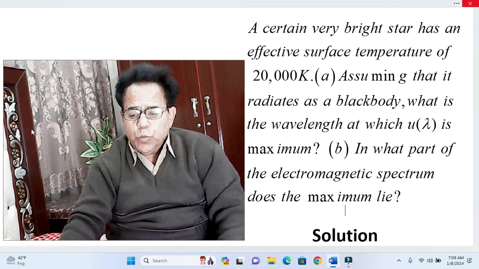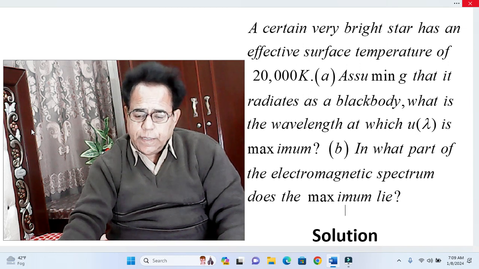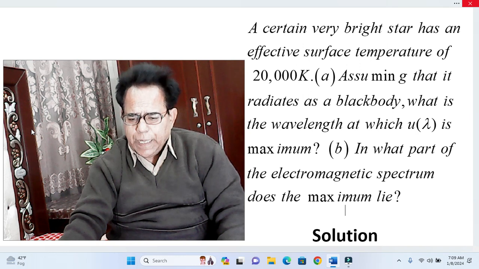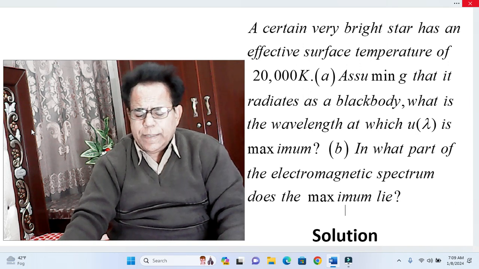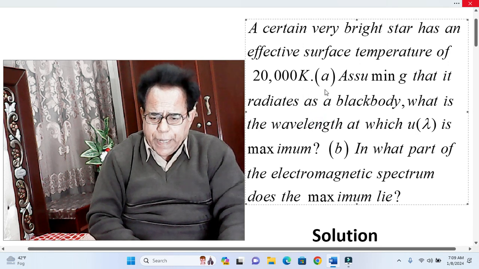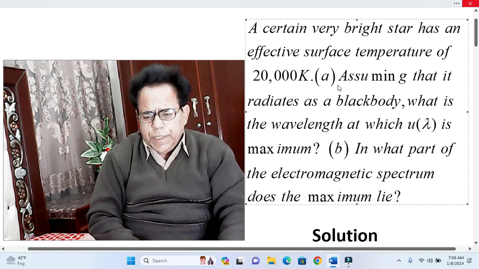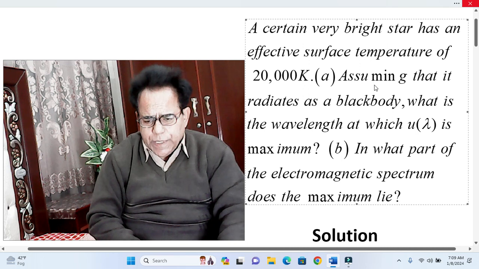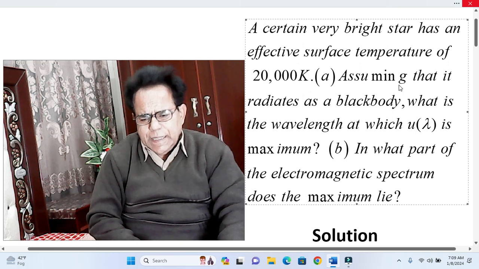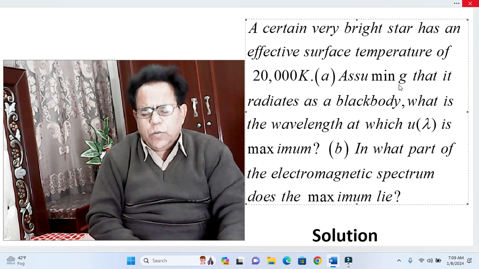Part A, assuming... Actually, dear students, this statement has been typed in MathType software. In MathType software, the word assuming sometimes appears with a mistake, as if G is written separately with assuming. No, this is not the case.